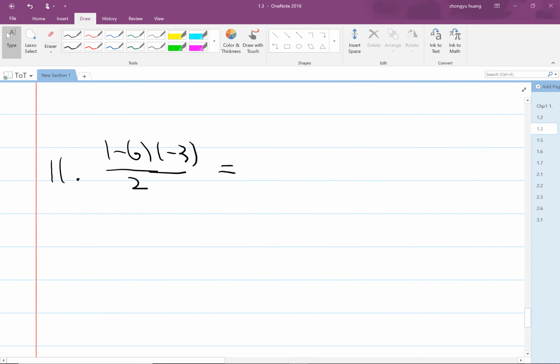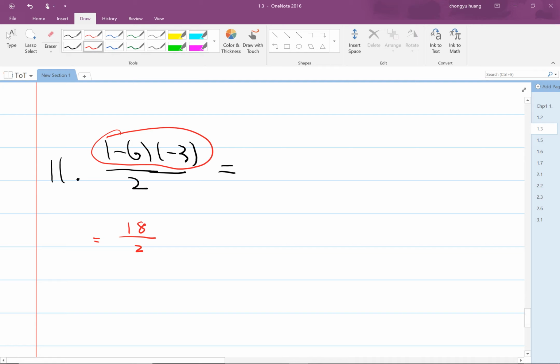Okay, so for question 11, what you can see is that you've got -6 multiplied by -3 as the numerator. First thing you have to do is simplify this part. Since they have the same sign, it's going to be positive, so -6 multiplied by -3 is going to be 18, right?